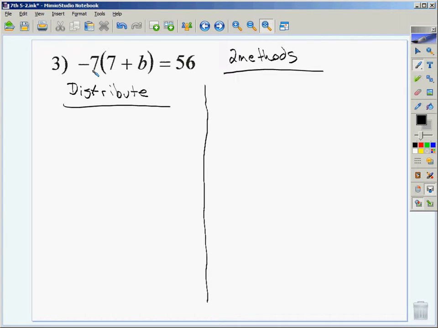If I distribute this, I'd have to take the negative 7 through the parentheses, which means I'm going to take a negative 7 times 7, negative 49, and a negative 7 times a positive b, which would be a negative 7b.